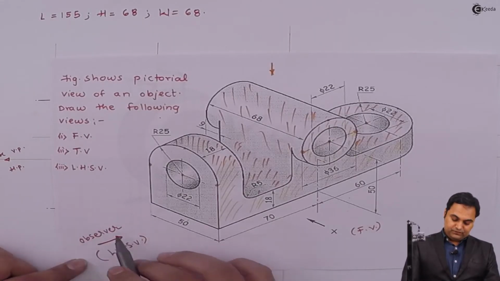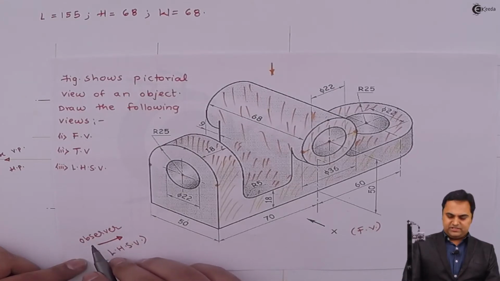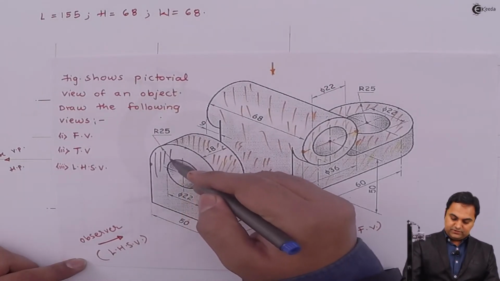For that, as an observer, we are standing here, and when we are looking from this side, the first thing which is visible to us is this surface.